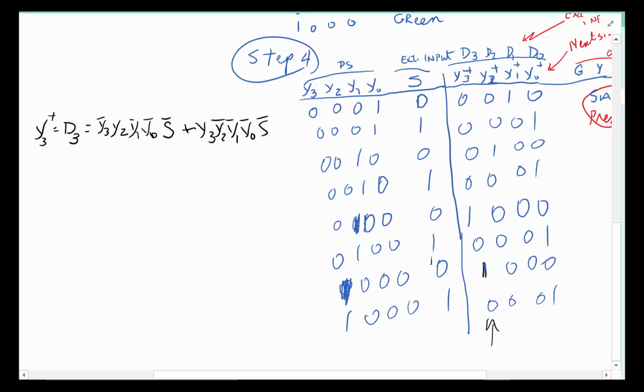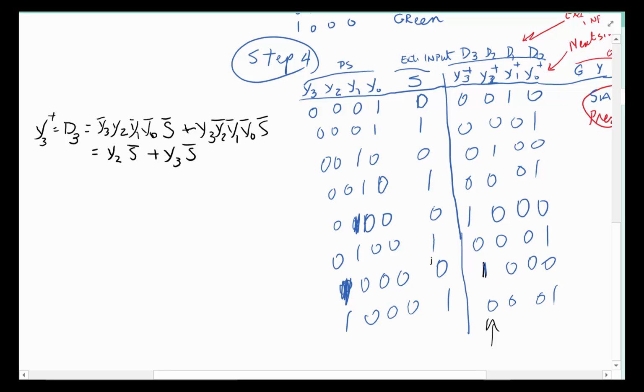Okay? So again, I want to make sure I emphasize it again. All the other possible states we haven't written are don't care from our point of view, because they never happen. So I simply could take this thing and rewrite it as Y2 S naught or Y3 S naught.